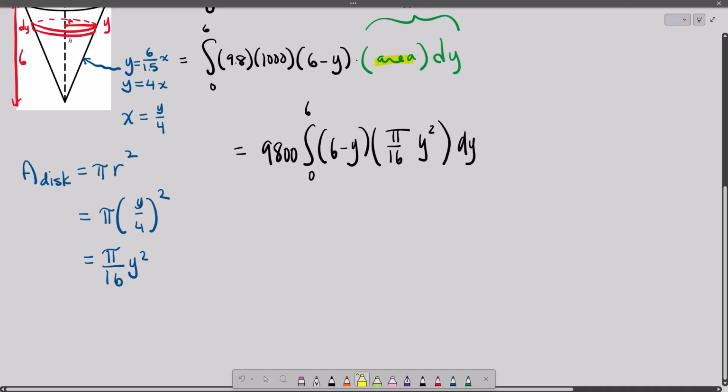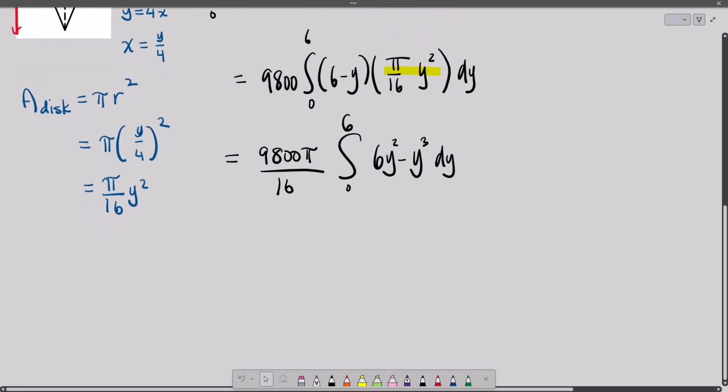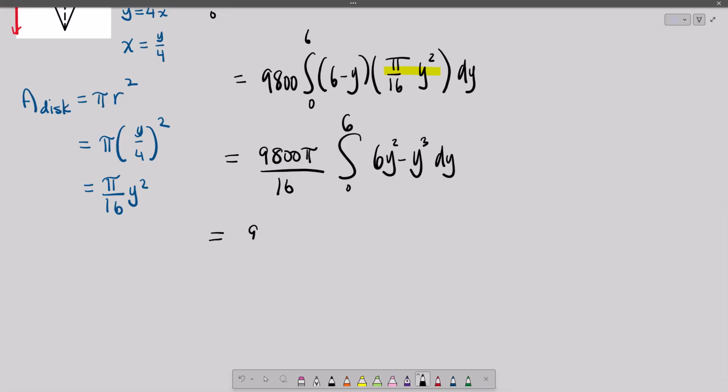So that is that. Pi over 16 is yet another constant, so we're going to drop that out to the front. 9800 pi over 16. We're going to distribute the y squared and get 6y squared minus y cubed dy. We'll just hold off on these constants out in front. We can simplify them later since it's not obvious.